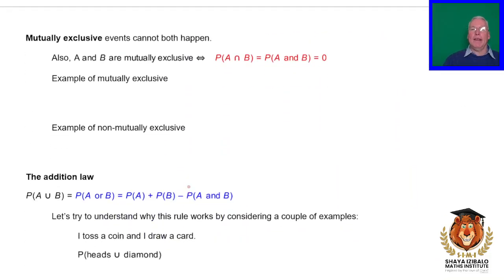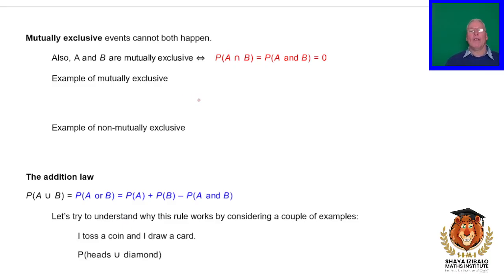All right, the next idea is something called events being mutually exclusive. Now, when events are mutually exclusive, they cannot both happen. I'm going to give you an example. For example, being a learner at Shea O'Connor School and being a learner at Imnyezaneni are equal.